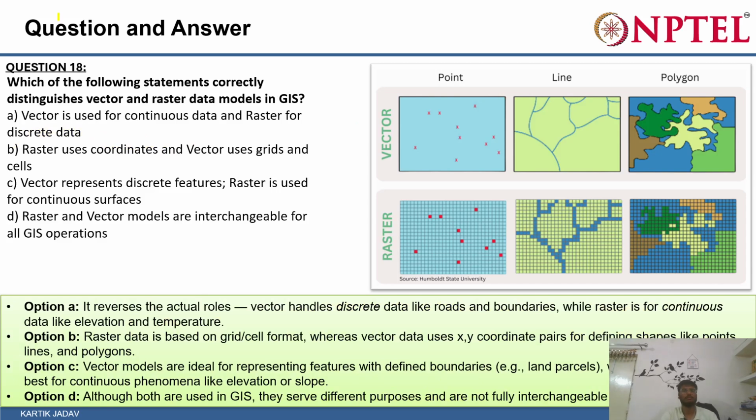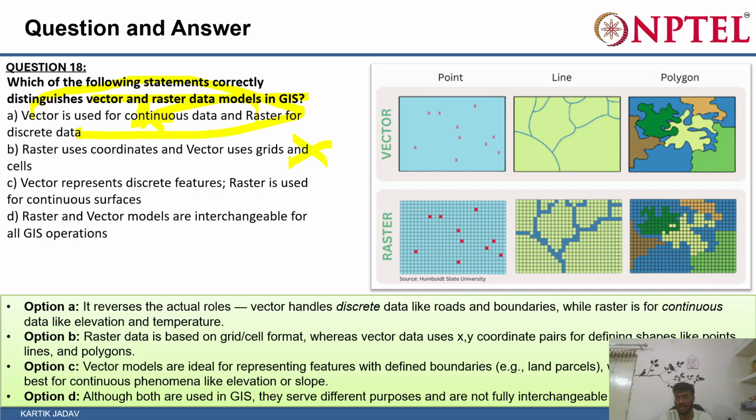Question number 18. Which of the following statements correctly distinguishes vector and raster data in GIS? Vector is used for continuous data, raster is used for discrete data. This is incorrect because vector is generally used for discrete data representation, while raster is used for continuous data. Raster uses coordinates, vector uses grids.